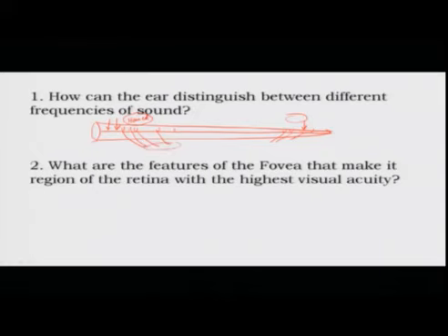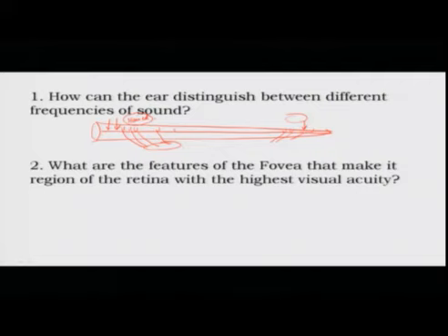So, when these neurons are stimulated, that means high frequency sound is coming, and again a labeled line kind of concept operates here. Just like different wavelengths of light are detected by photoreceptors, different frequencies of sound are detected by different neurons across the entire length of the basilar membrane. So, now you can understand how the ear can distinguish between different frequencies of sound.